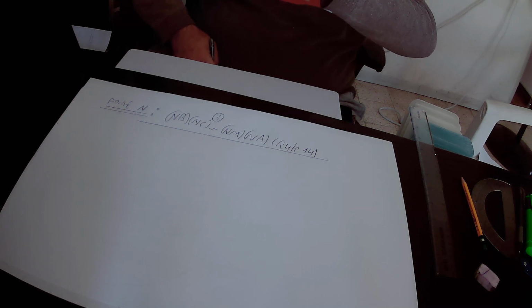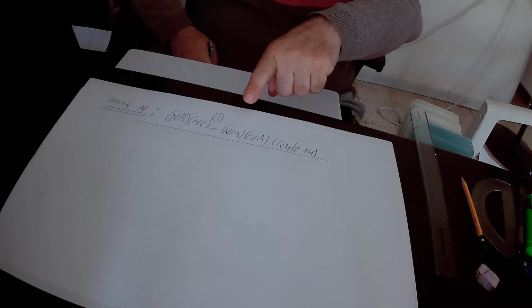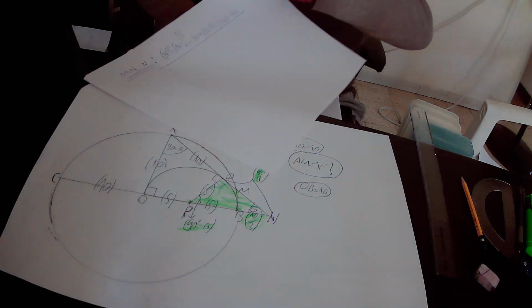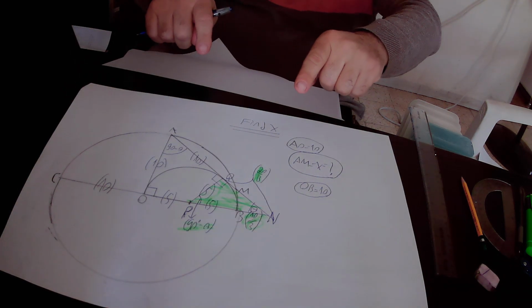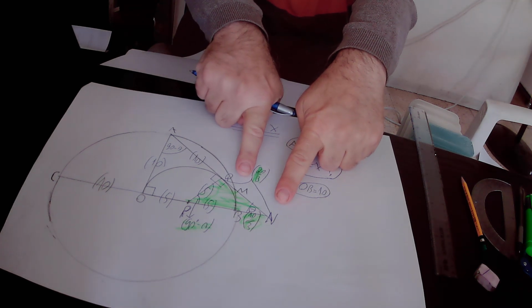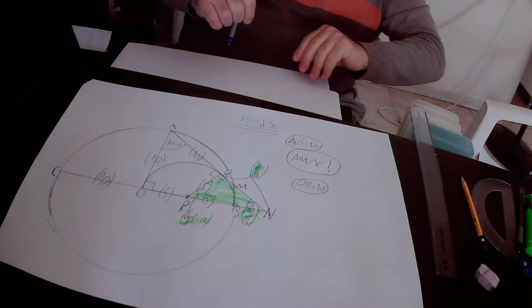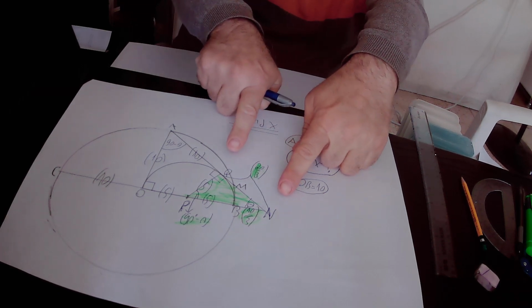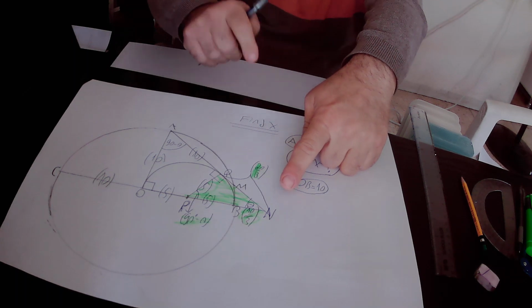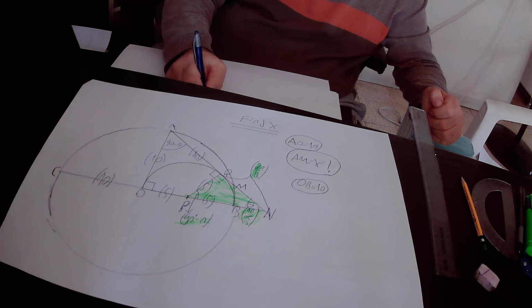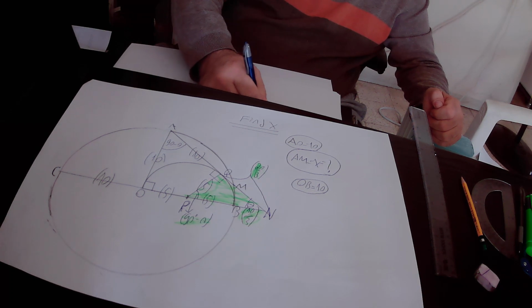So here we have to find out the length of this line segment NM. What is the length of this line segment NM? From the drawing itself, it is very easy to see that NM equals QN minus QM. Repeat again.